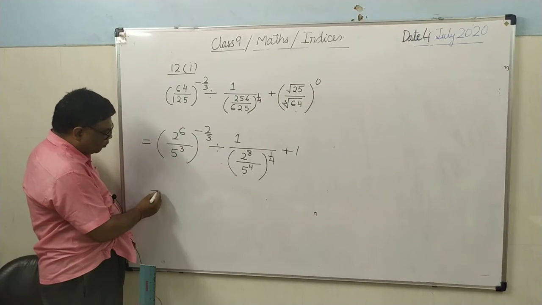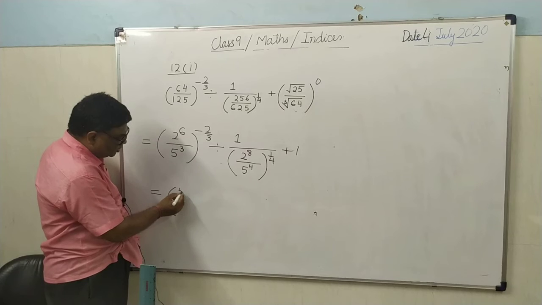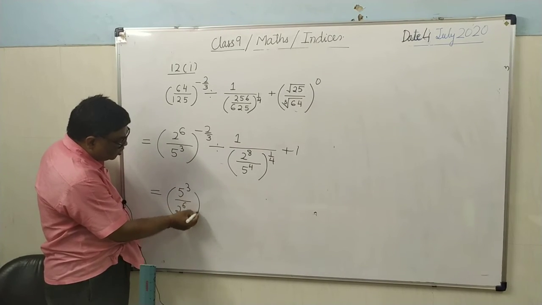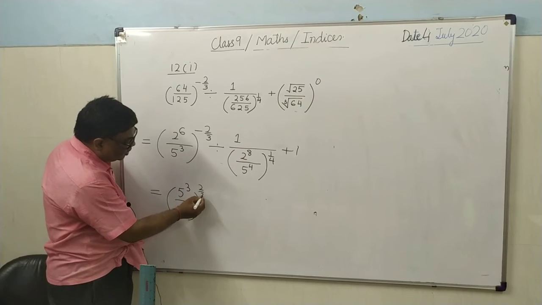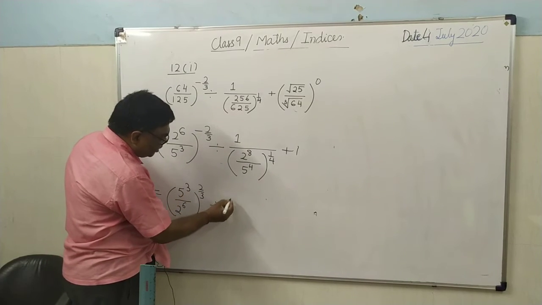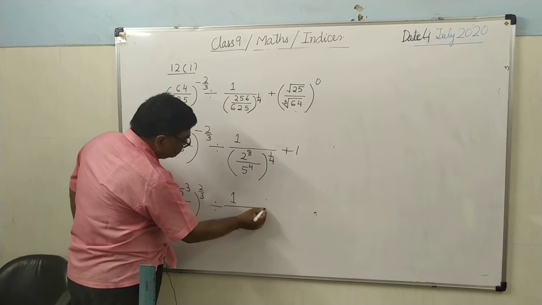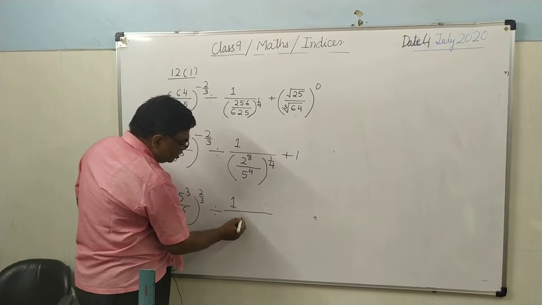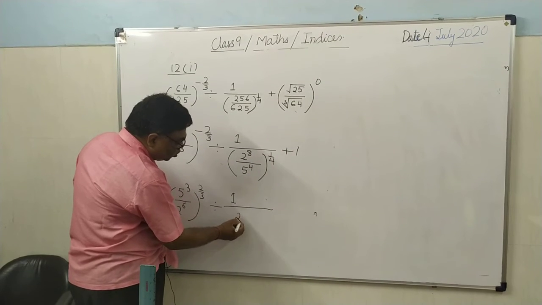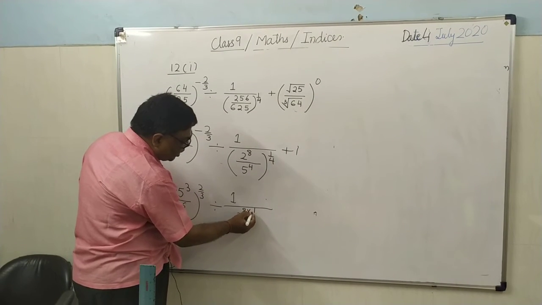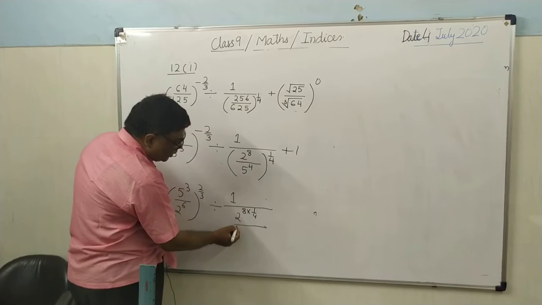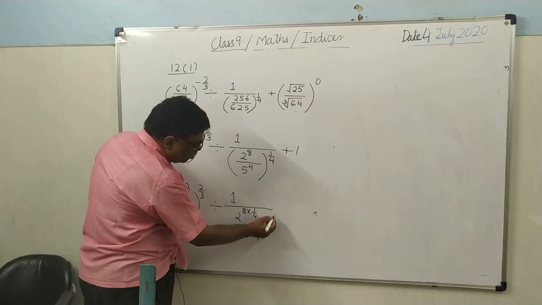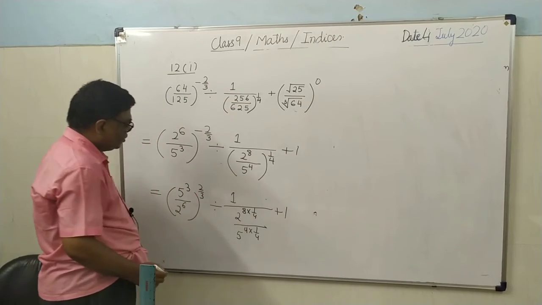Now here you reciprocate the base. Reciprocate the base, 5 to the power 3, 2 to the power 6, whole to the power 2 by 3, divided by here 2 to the power, you multiply the power, 2 to the power 8 into 1 by 4, divided by 5 to the power 4 into 1 by 4, plus 1.